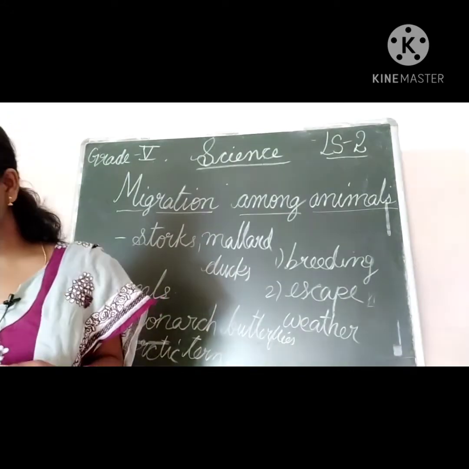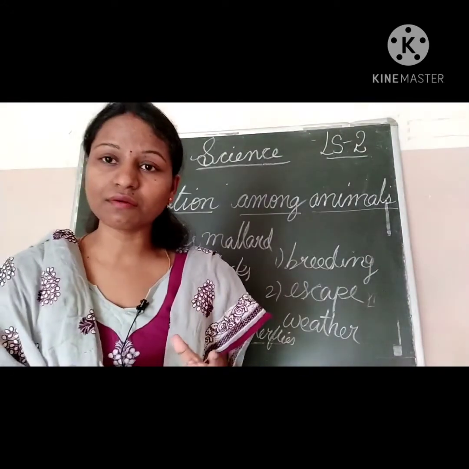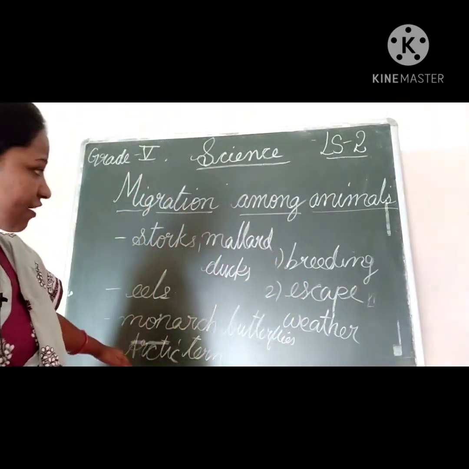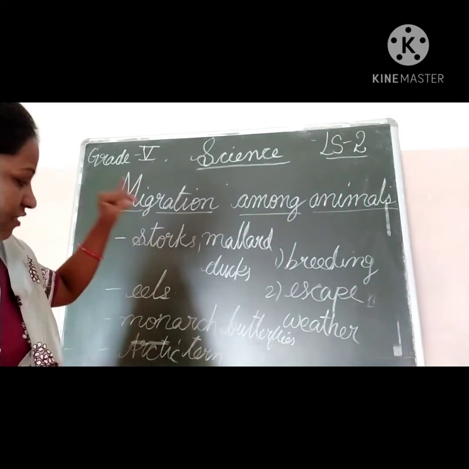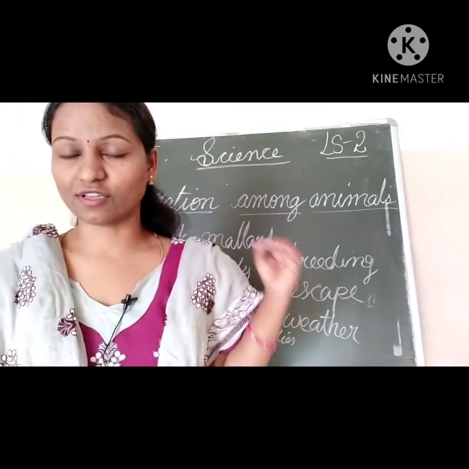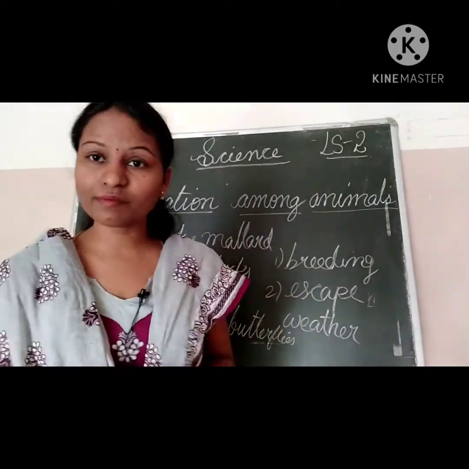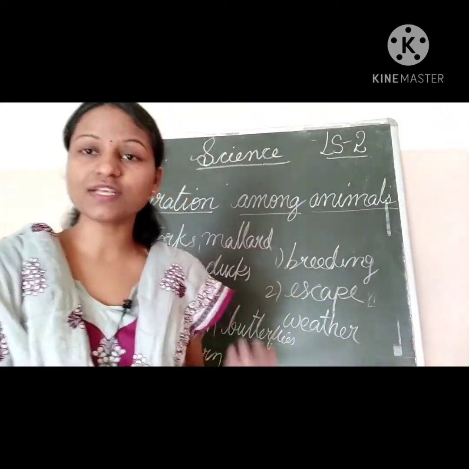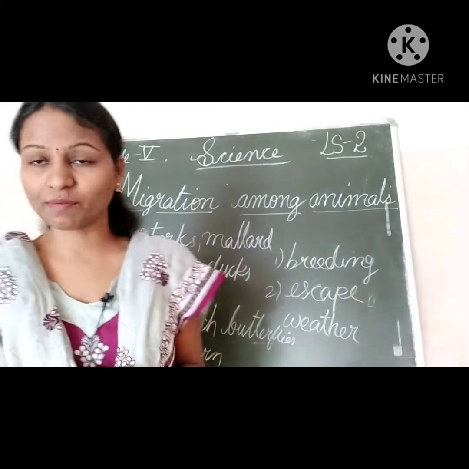So if you see all the things in migration, even insects, water animals and birds are all doing migration. Not only land animals, but birds as well as insects are all doing migration.